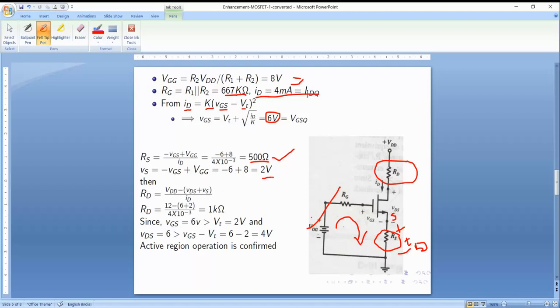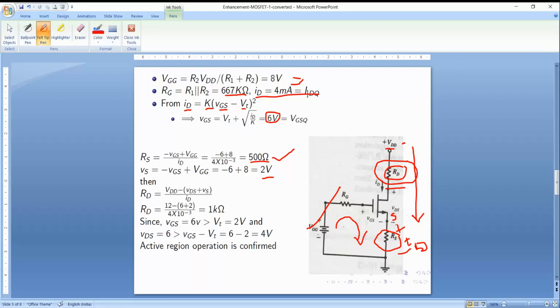Then we need to determine RD. In order to determine RD, we need to apply KVL, so let us go for the nodal analysis. Let us consider this is one node, this is another node, and current is flowing from VDD to this node. What is the voltage of this node?